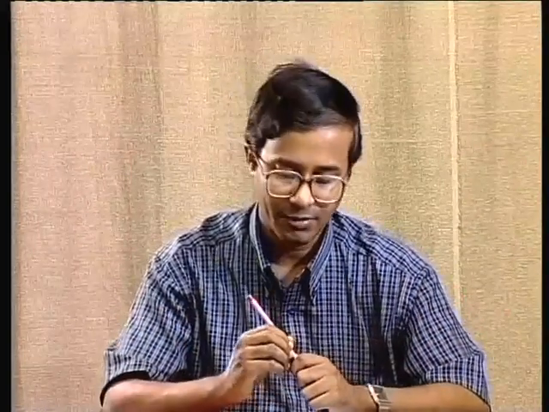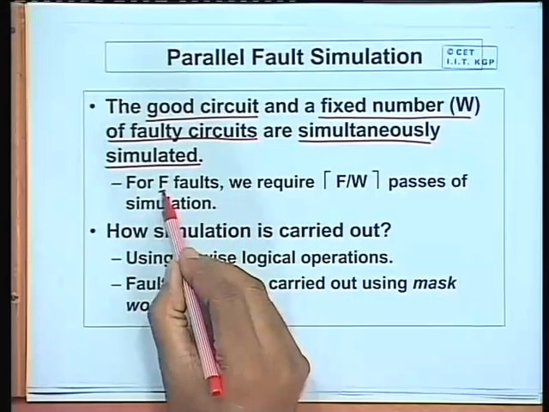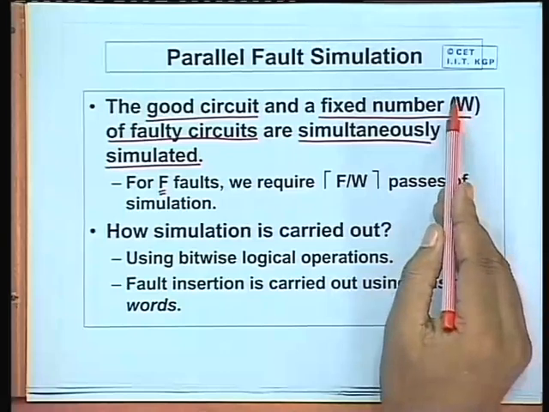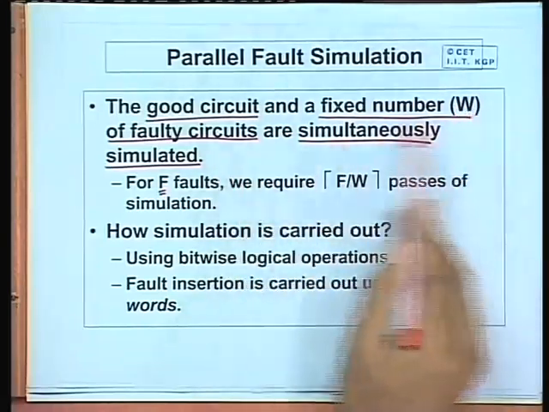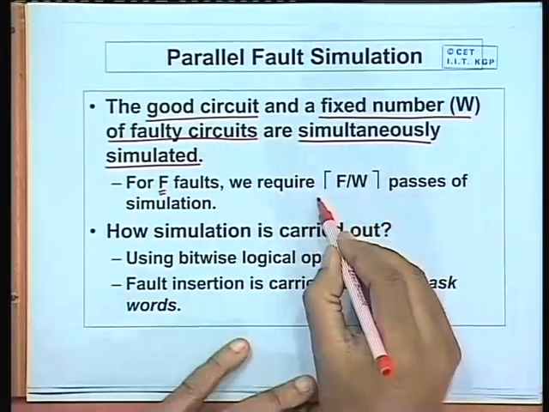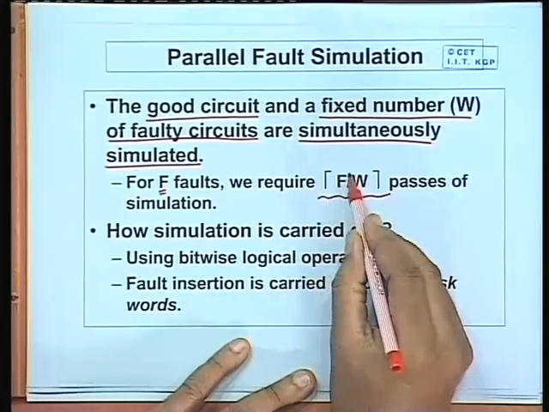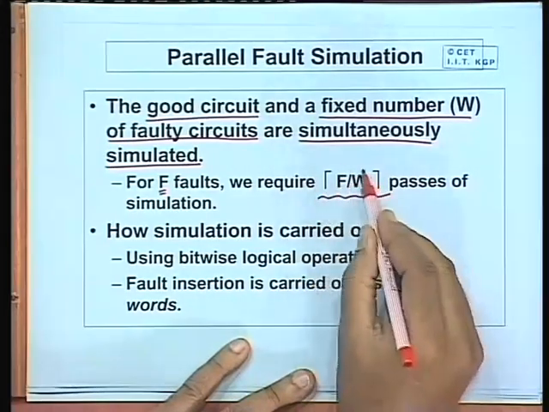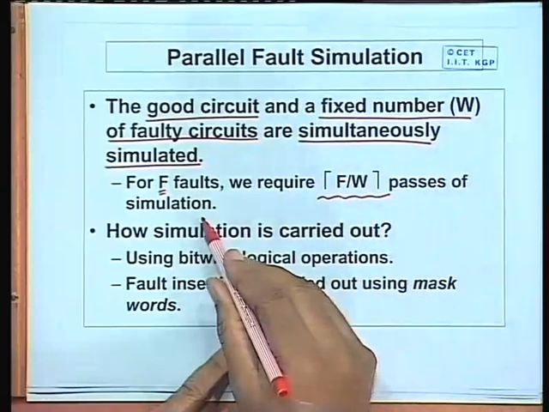So, either you are simulating the good circuit or you are injecting a fault and simulating the faulty circuit. But here what I am saying is that we are parallelly simulating the good circuit and W number of faulty circuits all together. So, if there are a total of F faults, since we can simulate W number of faulty circuits at a time, we would be needing F divided by W, ceiling of that, so many passes of simulation.